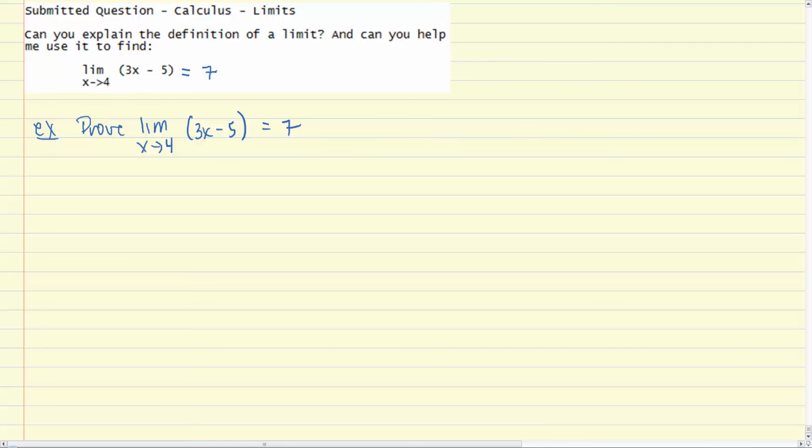So our first step is to write out the conditional: if the absolute value of x minus 4 is less than delta, then the absolute value of 3x minus 5 minus 7 is less than epsilon. That's what we have to prove.